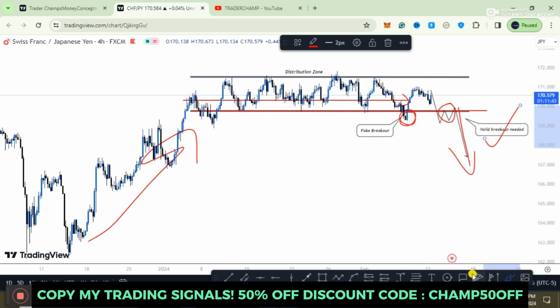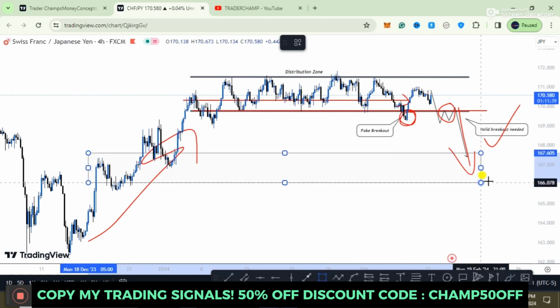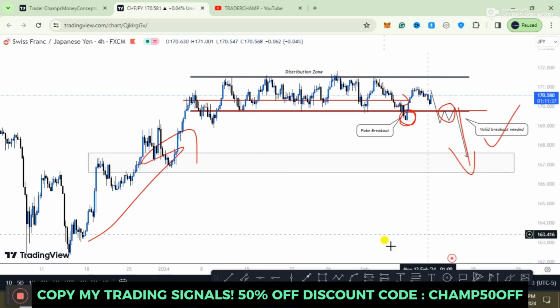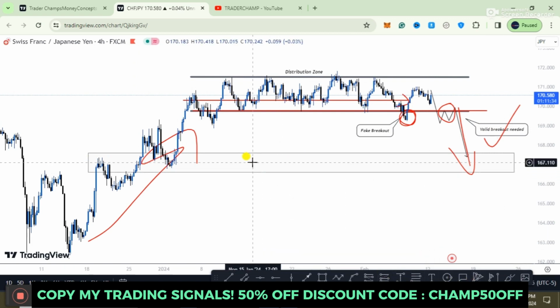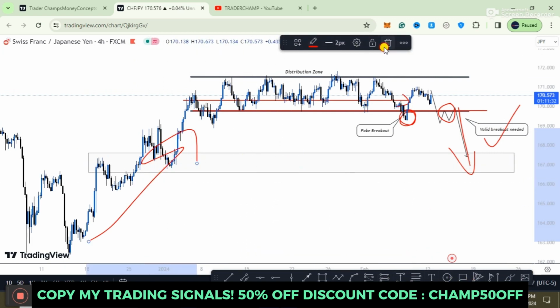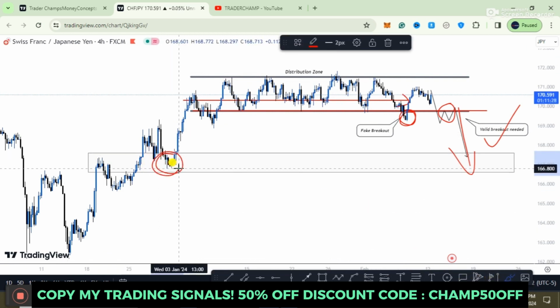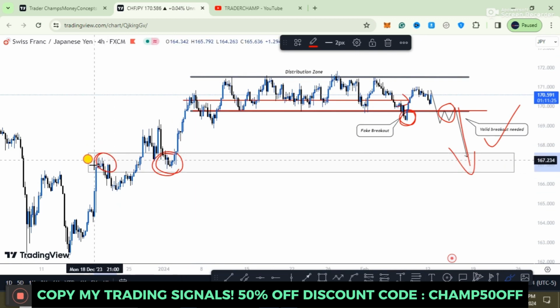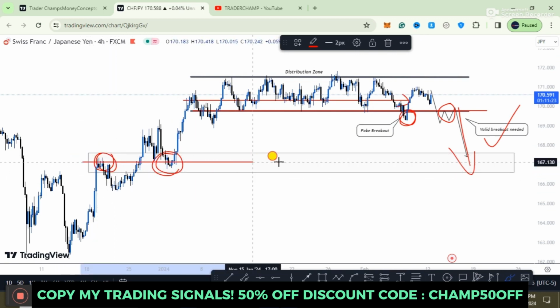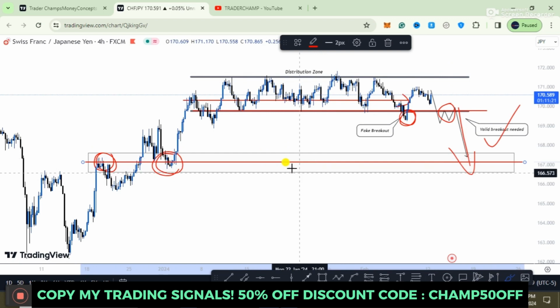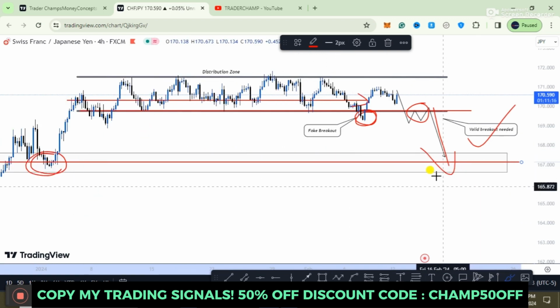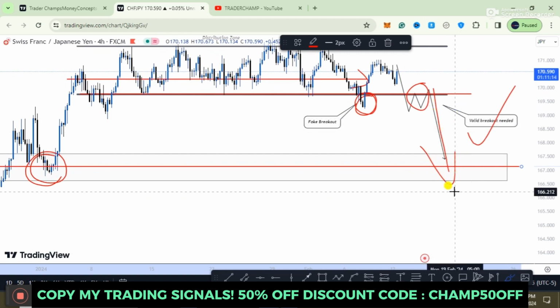With a perfect breakout, we can expect a target close to this swing low or the key level identified.